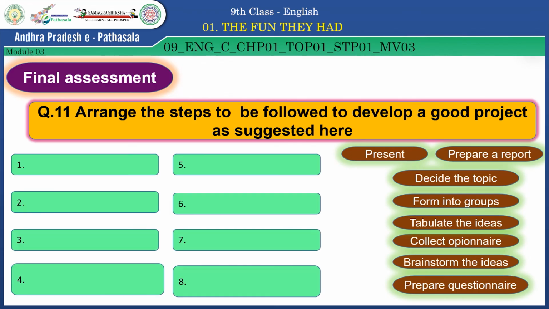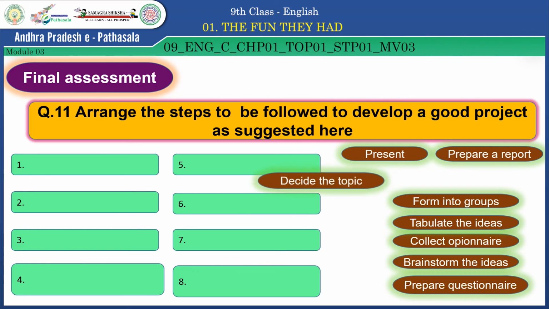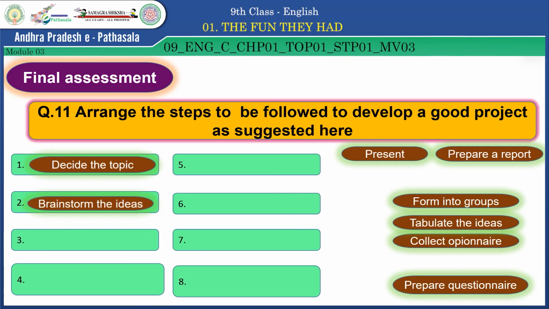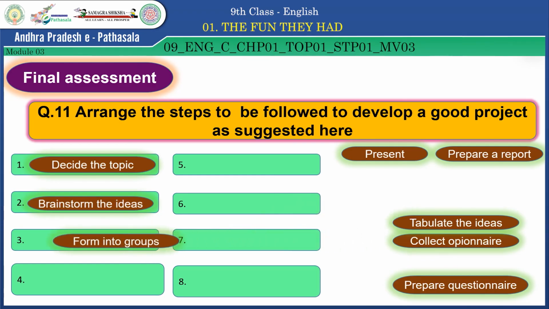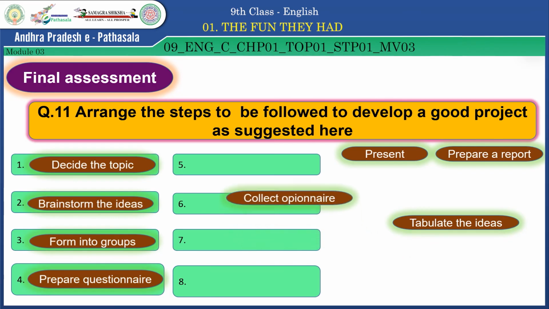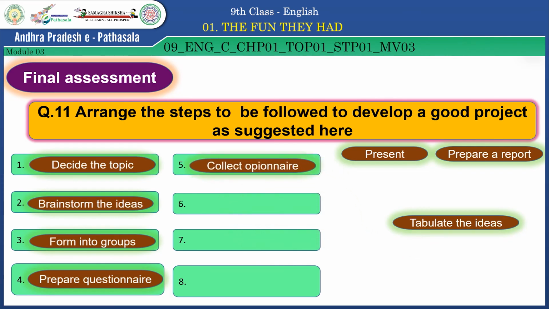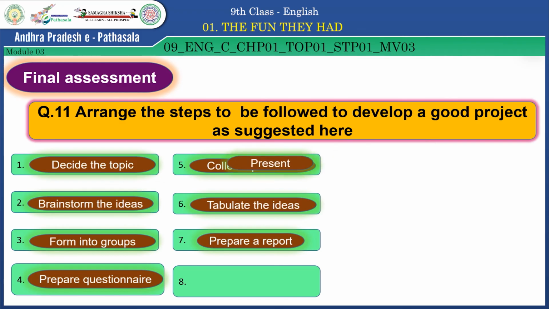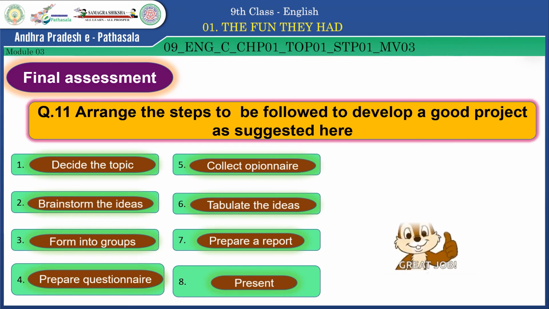So the first is we have to decide the topic, then brainstorm the ideas, form into groups, prepare questionnaire, collect opinionaire, tabulate the ideas, prepare the report, and finally we have to present. How many of you got it right? Yes. All the best. Hooray!